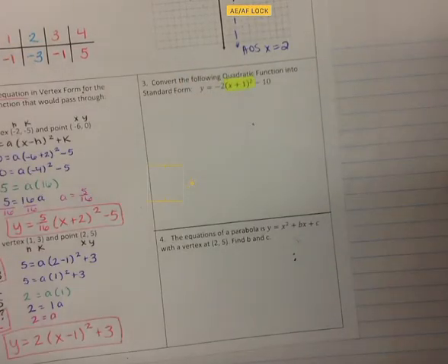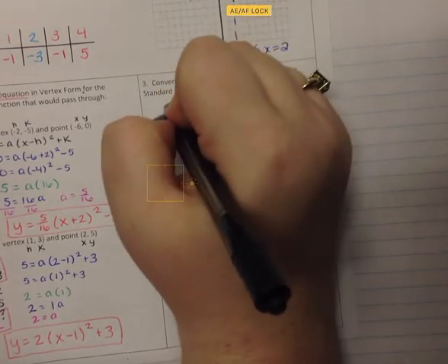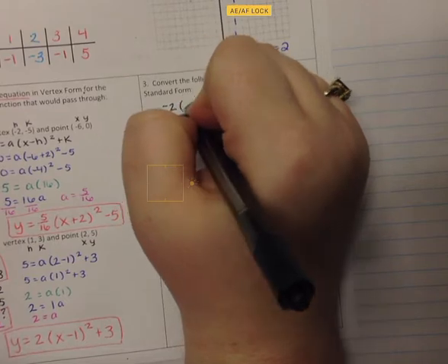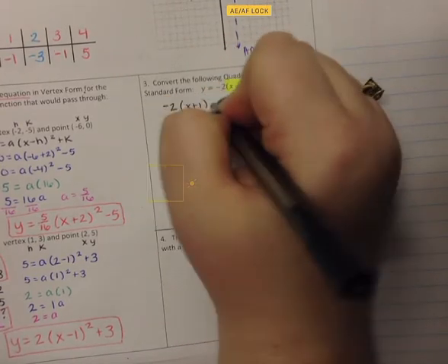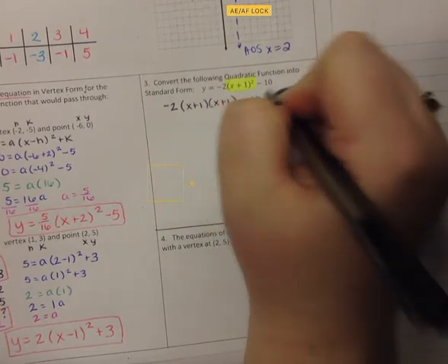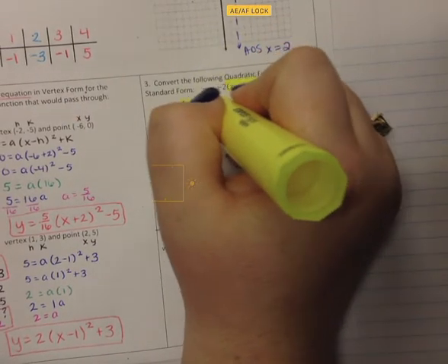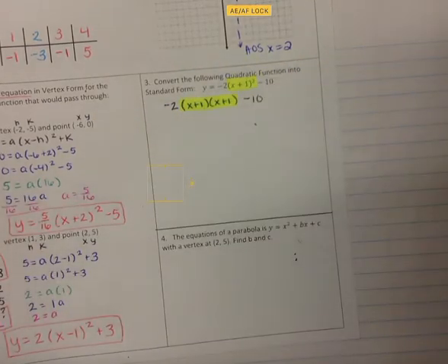What this does, the squared means you have to write it twice. So we really have negative 2, parentheses, x plus 1, and then times x plus 1 again, and then minus 10. So this is what happens with the parentheses up there, with that squared.